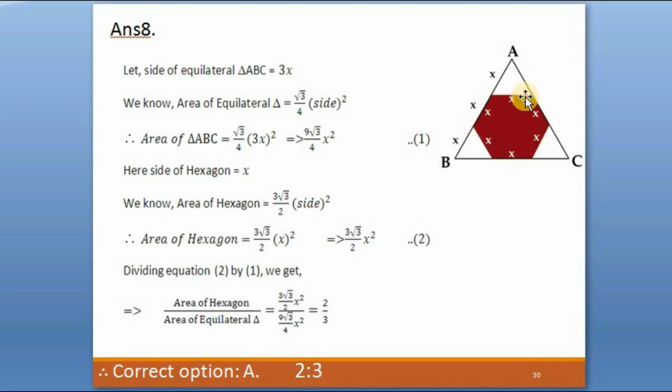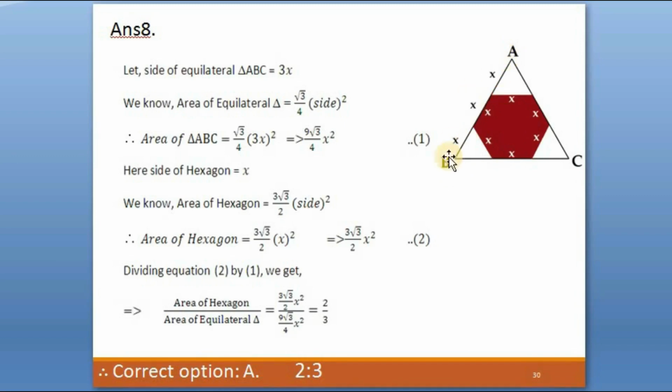As you know, in the regular hexagon all the sides are equal, right? And since it is cut from the equilateral triangle, if each side is x, then the equilateral triangle is cut from these three portions, x, x, x, right?